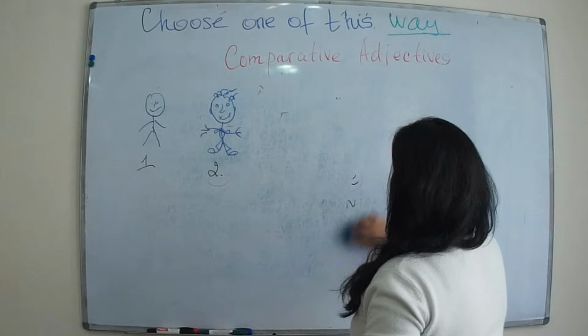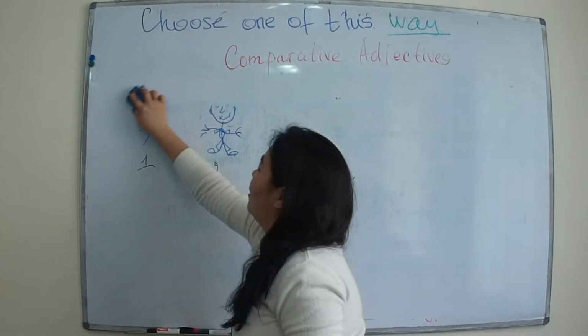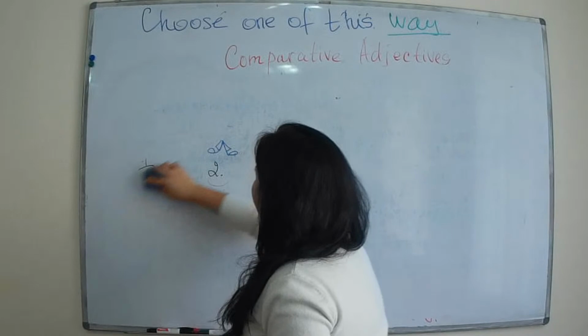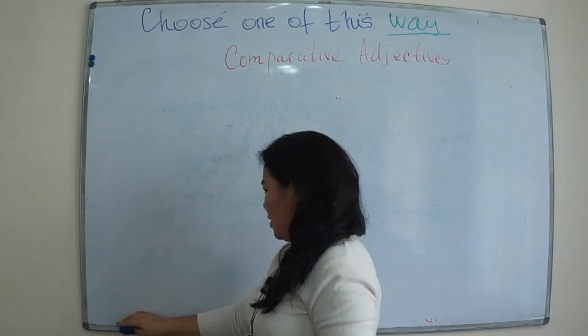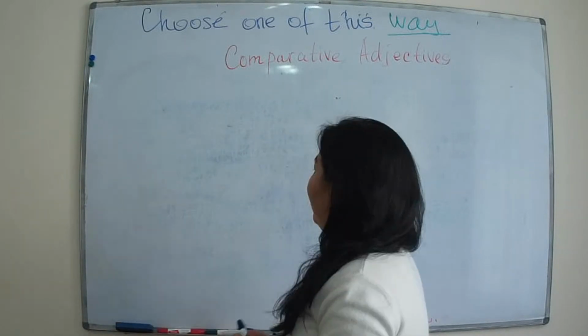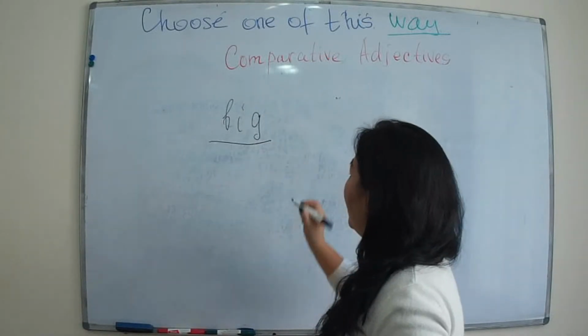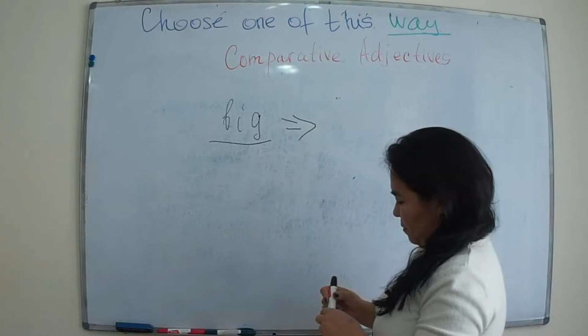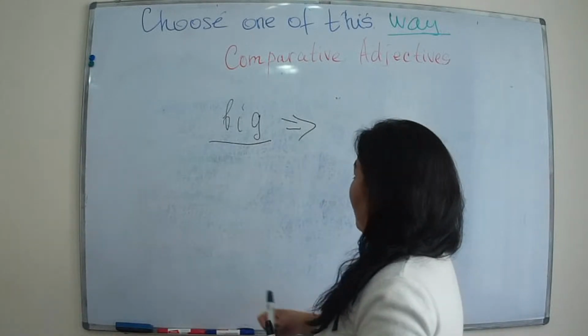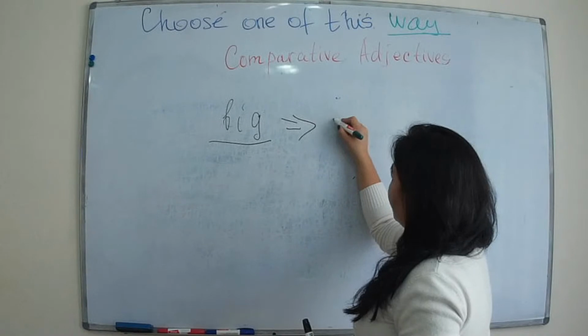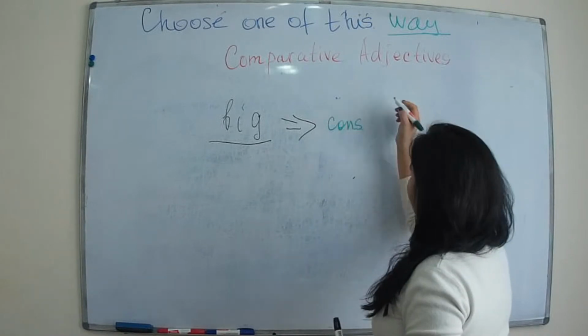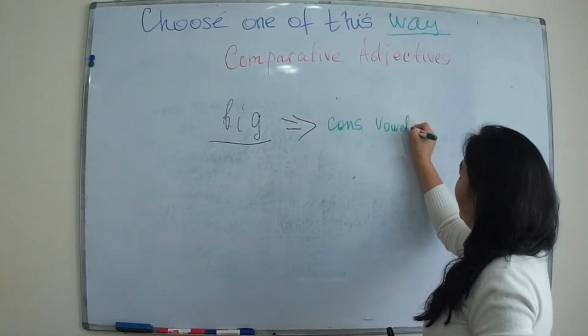And in English grammar there are some different notes that you should pay attention to. For example, we have the adjective big, and you see that it has consonant, vowel, and consonant.